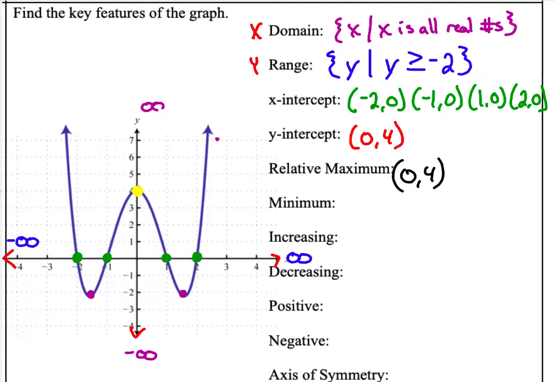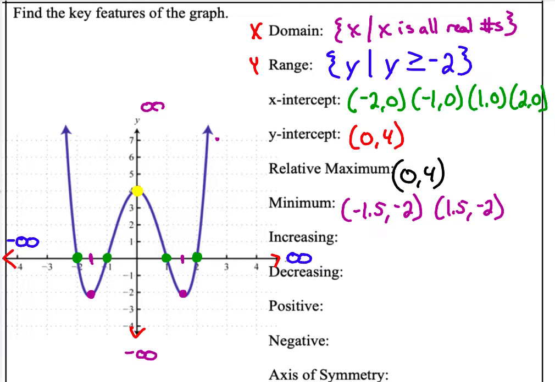Let's just call it -2 so we don't confuse ourselves by being overly specific. It crosses right in the middle of -1 and -2, so I'd call that (-1.5, -2). And on the positive side, it's (1.5, -2). Those are my minimums, the low points.